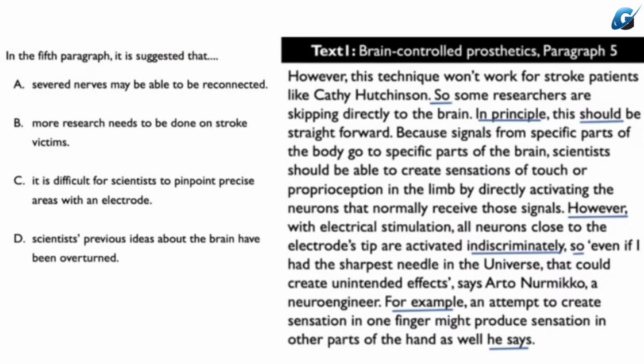All the neurons are activated. So this is the implied meaning over here. They are saying it is difficult to pinpoint precise areas with an electrode. Using an electrode, it is very difficult to pinpoint a particular area, a specific point. And the same meaning is implied here, indiscriminately activating or stimulating all the neurons at the electrode tip. So option C is the correct answer.